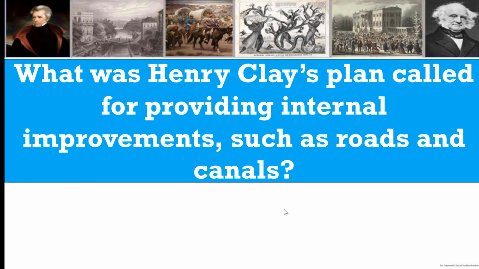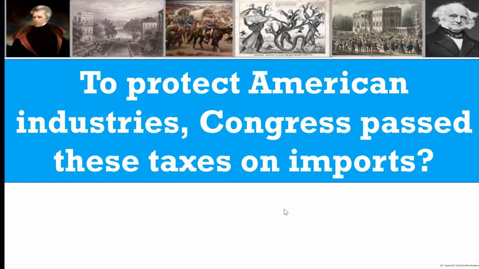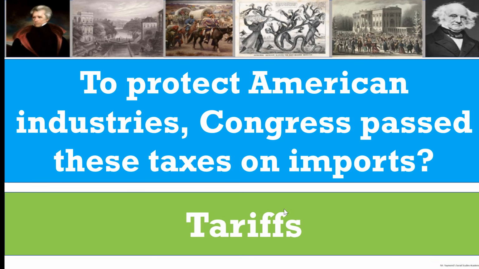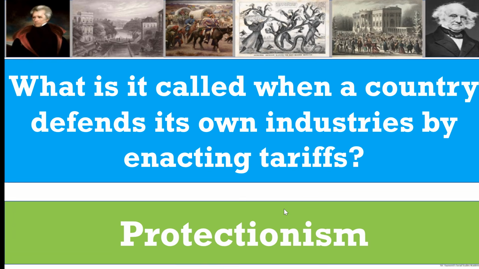Canals. What was Henry Clay's plan called for providing internal improvements such as roads and canals? The American System. To protect American industries, Congress passed these taxes on imports. Tariffs. What is it called when a country defends its own industries against other countries by enacting tariffs?